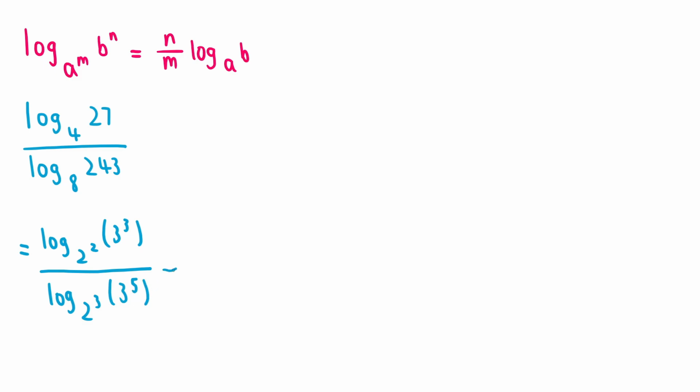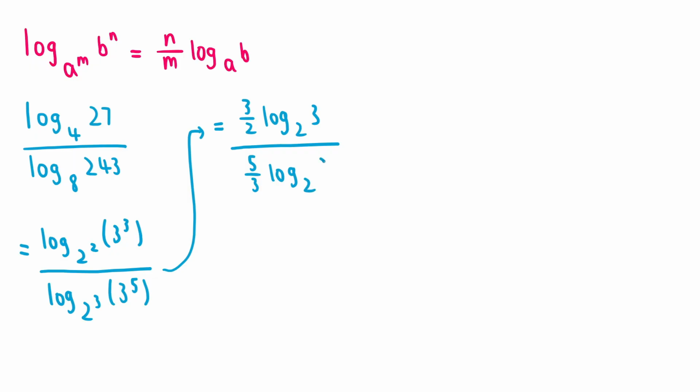If we use the property, we can rewrite log base 2 squared of 3 cubed in the numerator as 3 over 2 times log base 2 of 3, and we can also rewrite log base 2 cubed of 3 to the 5 in the denominator as 5 over 3 times log base 2 of 3. The log base 2 of 3 in the numerator cancels out with the log base 2 of 3 in the denominator, so this just becomes 3 over 2 divided by 5 over 3.